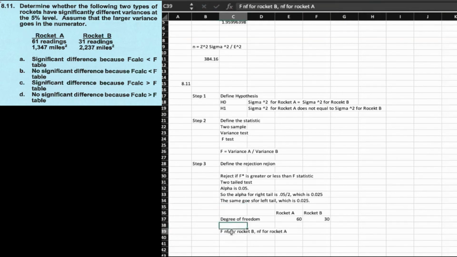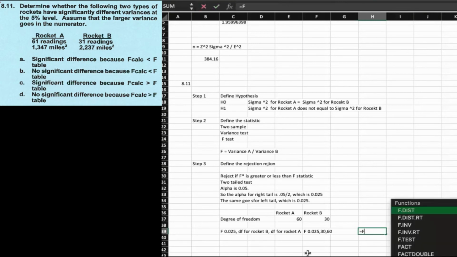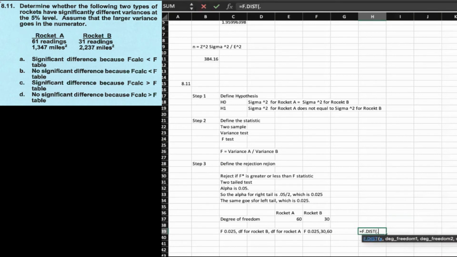And so we have to also have alpha, right? So alpha 0.025, comma, degree of freedom for rocket B, and degree of freedom for rocket A. This means F 0.025, comma, 30, comma, 60, right? So that's the value that you want to find. And F distribution, and alpha is 0.025, comma, degree of freedom is 30 and 60.